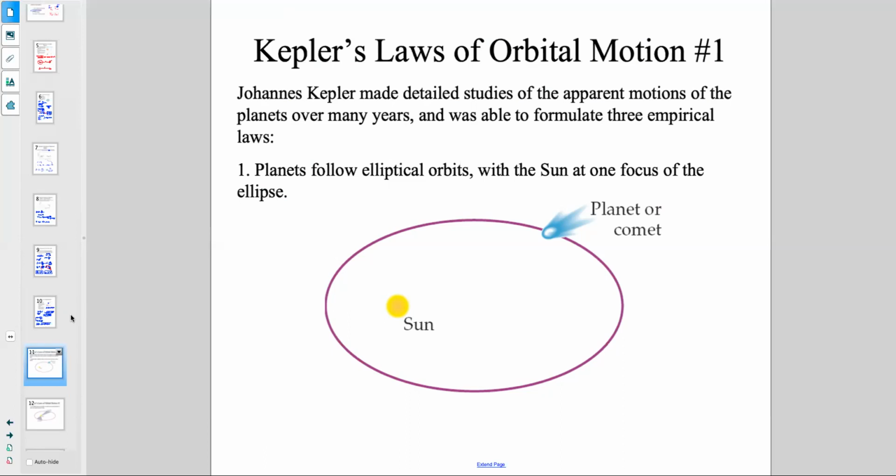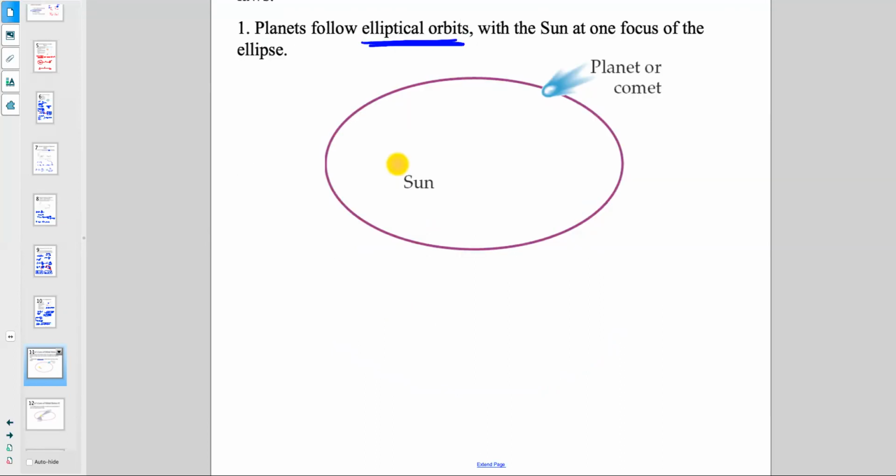So in his first law, he said the planets follow elliptical orbits with the sun at one of the focus points. And elliptical orbits are not only circular. If you have a perfect circle, then the eccentricity is 0. But the eccentricity could be anything other than 0. For example, for a planet or a comet or an asteroid, you can see that this orbit could be very elliptical.